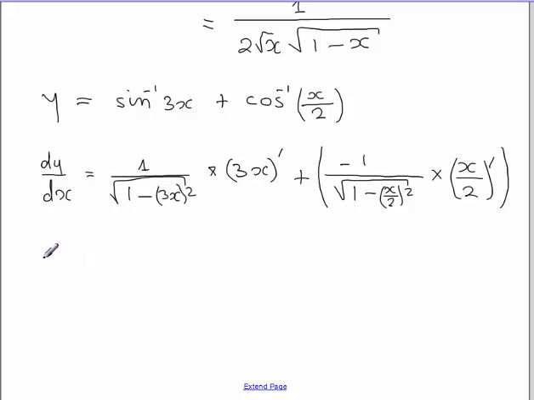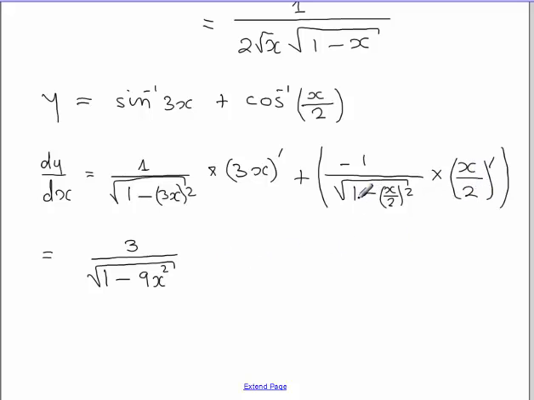So that's the thing. At that point, we can continue to differentiate that. If we differentiate 3x, we're going to get 3. Then multiplying by 3 over 1, we're going to get 3 over the square root of 1 minus 9x squared. And differentiating there, I think we get a half.